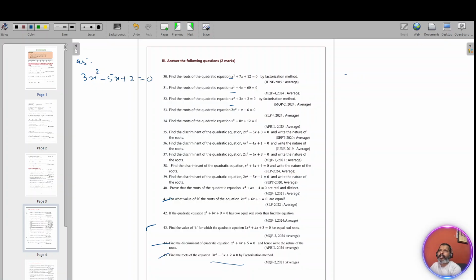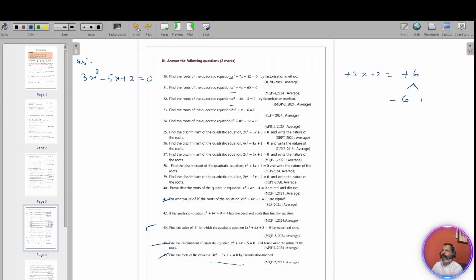So first into third means x square coefficient 3 times constant 2, plus 6 will come. Plus 6, coefficient is 5 you should get, means 6 and 1. Okay, let's see. This will not work, because minus 6 plus 1 will give minus 5 on sum but the pair is not correct.